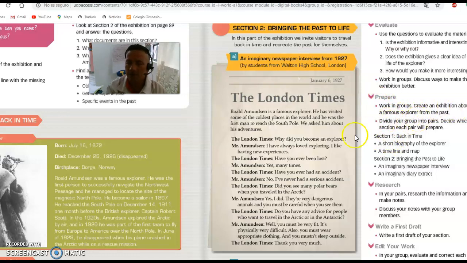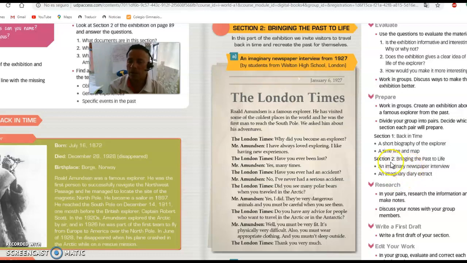All right, so preparing. Create an exhibition about a famous explorer. Okay, so section one, back in time. You need a short biography of the explorer. So where he or she is from, and a timeline and map. So it's like where he or she went to visit or discover something.